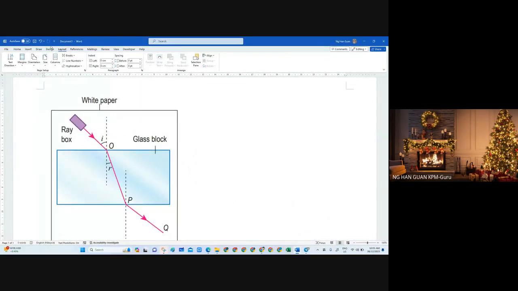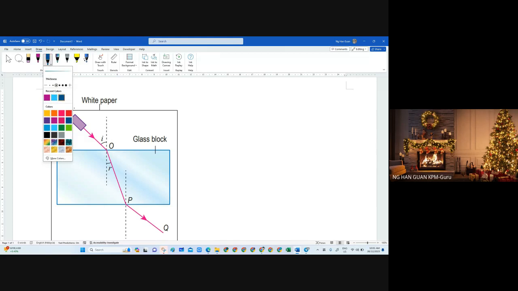Similar experiment, but it becomes easier if we conduct it with the semicircular glass block, sorry.